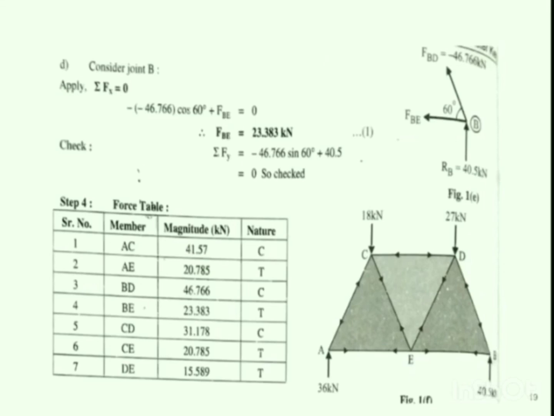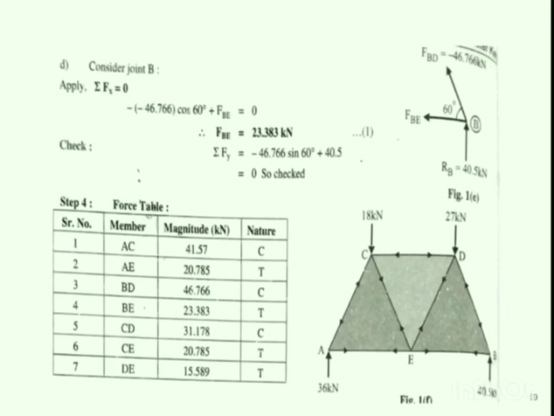That means whatever value we have calculated of FBE is correct, and FBD is also correct. It is not always required to perform such a check. If you have any doubt while analyzing the truss or the joint, you can carry out such a check, but it is not expected in the solution.